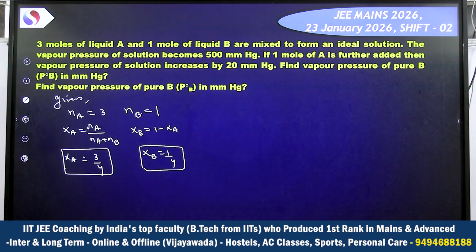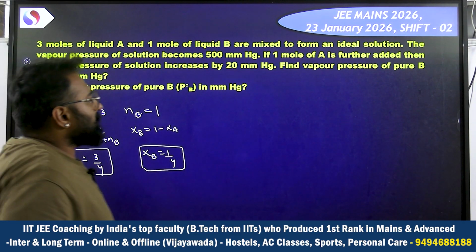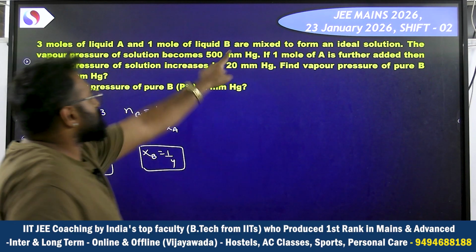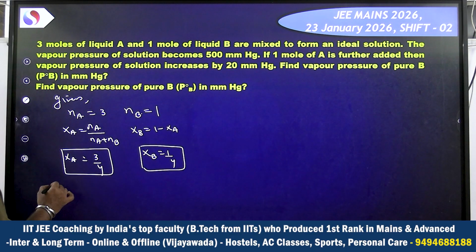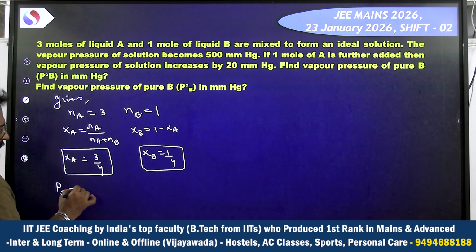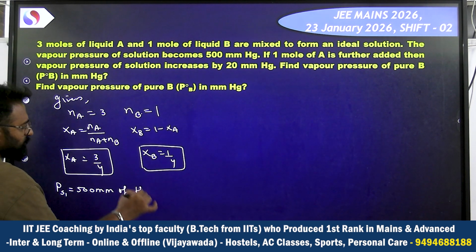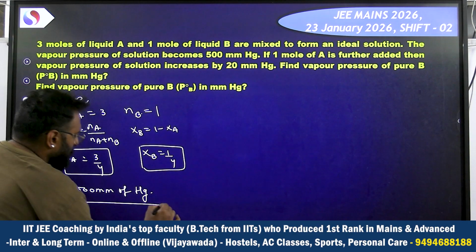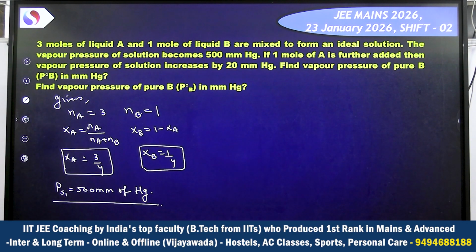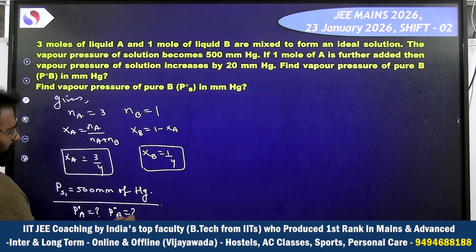This is given from the question. The second part says the vapor pressure of the solution becomes 500 mm. So let us say PS1 is 500 mm of Hg. This is given. We need to find P0A and P0B.